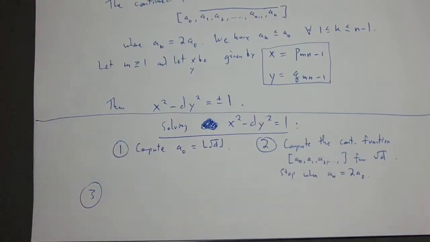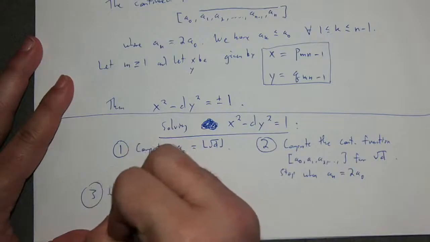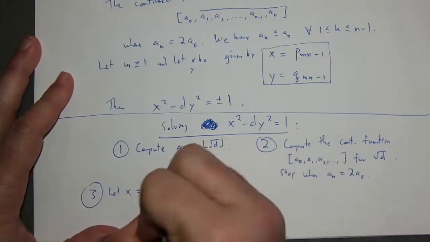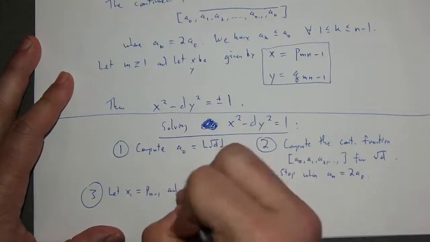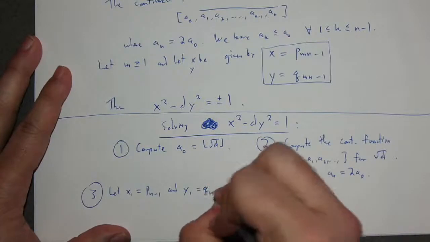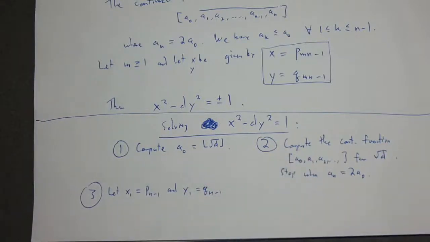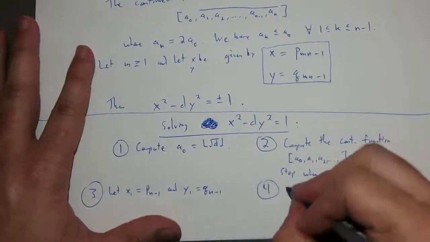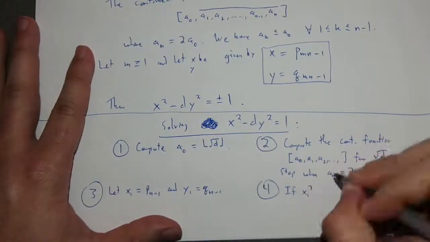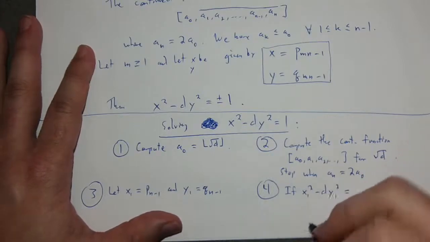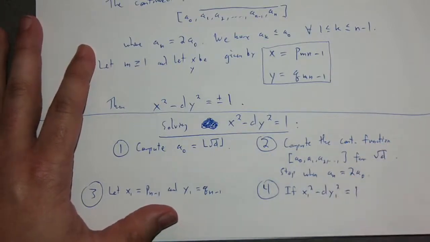Step 3, let x sub 1 equal p sub n minus 1 and y sub 1 equal q sub n minus 1. If x sub 1 squared minus d times y sub 1 squared is equal to 1, then I'm done.